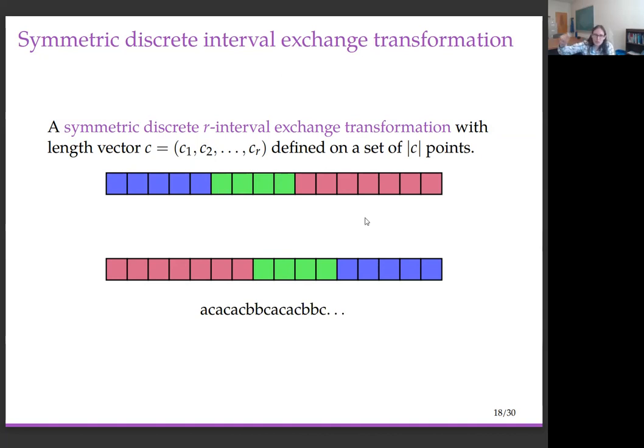At some point, I cannot reach new boxes, so the word will repeat. What interests us is when such a trajectory goes to every box. For example, in that case, if you check, this is one period, and the number of letters coincides with the number of boxes. So you get that the trajectory is minimal, which is the case that will interest us.